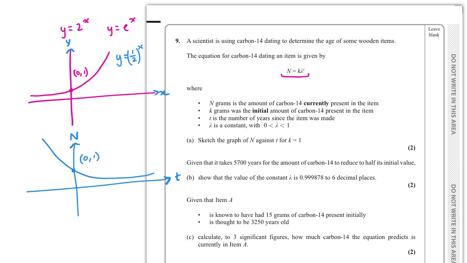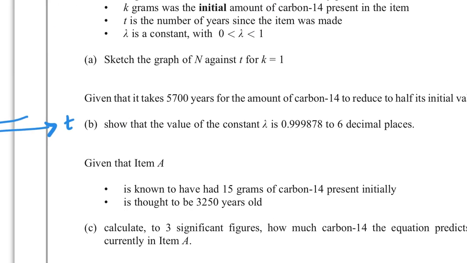Right. Part B, what do we have to do? We do have to do math. What type of math do we have to do? It says, given that it takes 5,700 years for the amount of carbon to reduce by half of its initial value, okay? So we're going to create an equation.